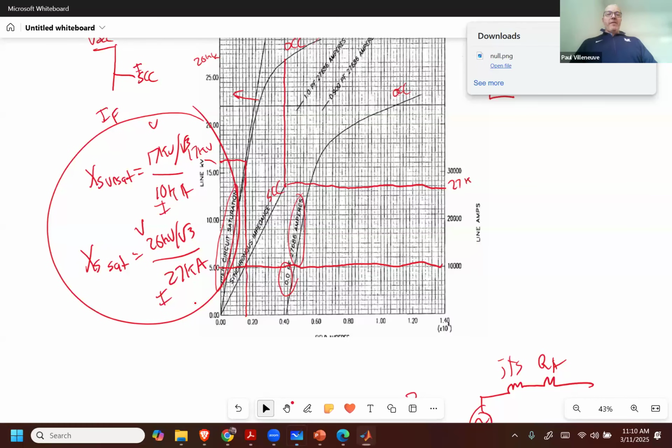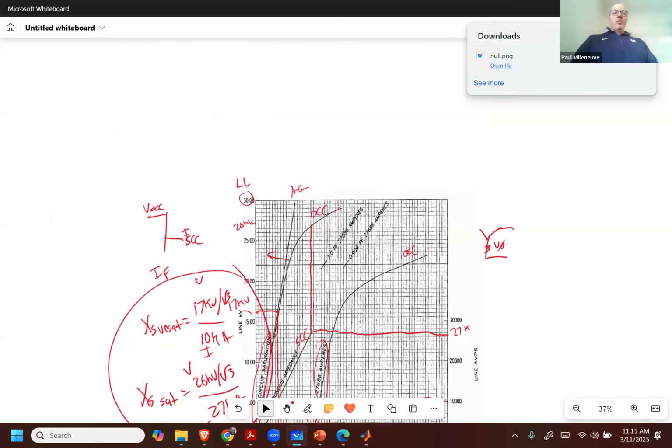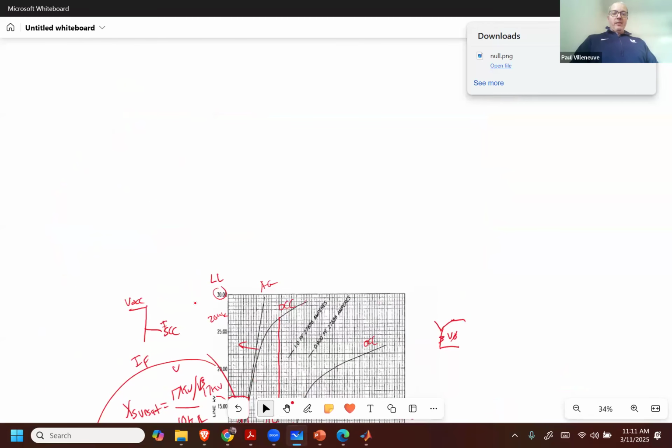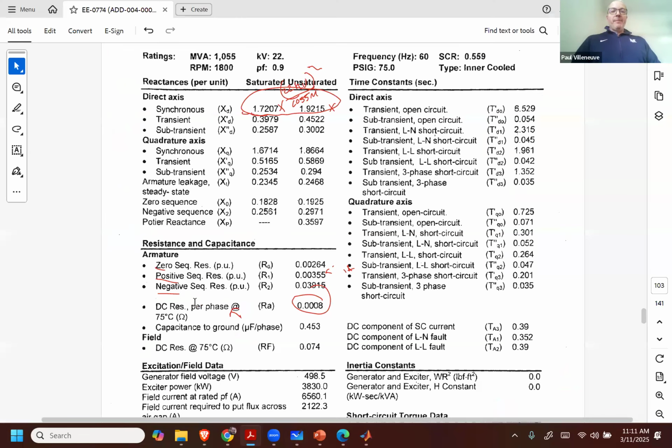Okay, now for giggles, if you multiply 1.9215 by 22 squared, and divide by 1055, what do you get?